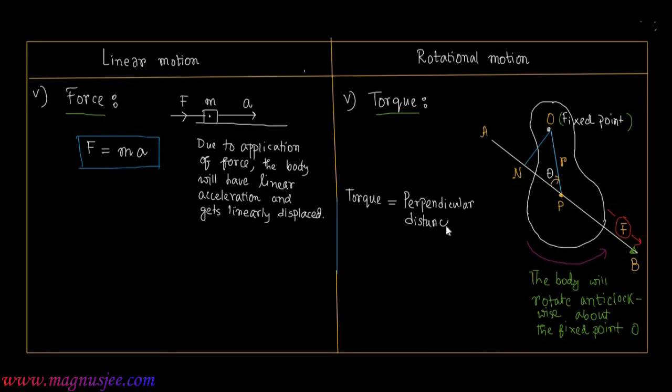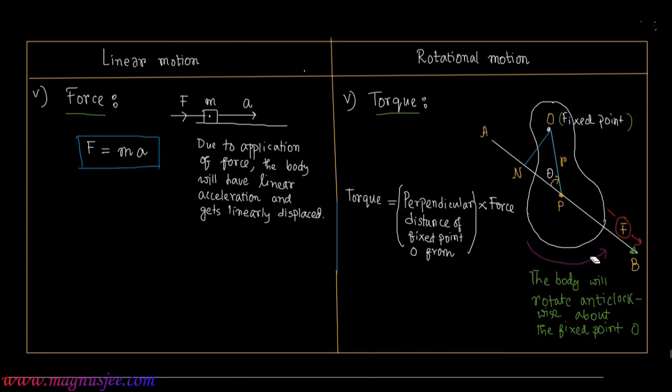into the magnitude of force. Torque is the perpendicular distance into force, and here the perpendicular distance is the perpendicular distance of the fixed point O from the line of action of force, that is from the line AB.